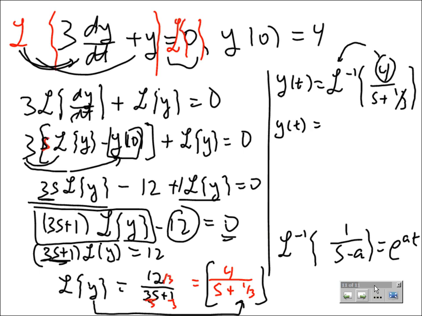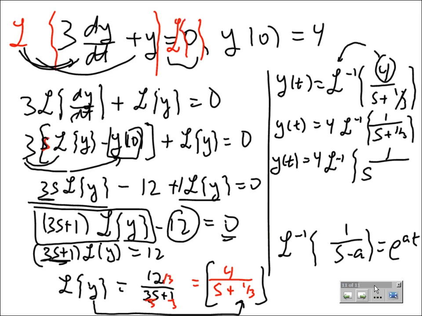So y of t is 4 times the Laplace inverse of 1 over s plus 1/3. But you need to be mathematically mature enough to know that when you don't want an addition, you can always convert it to subtraction. Instead of adding 1/3, we can take away a negative 1/3.